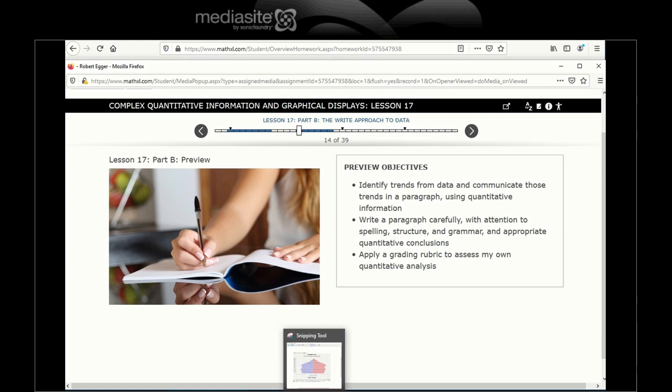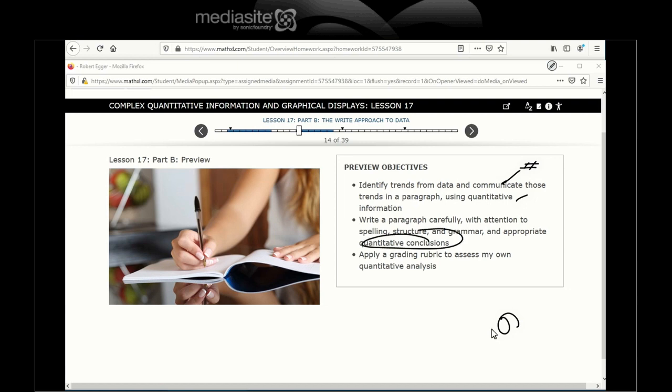Here we have: identify trends from data and communicate those trends in paragraphs using quantitative information. That means numbers. Write a paragraph carefully with attention to spelling, structure, and grammar, and appropriate quantitative conclusions. And apply a grading rubric to assess your own work. So this is going to be a do on your own.